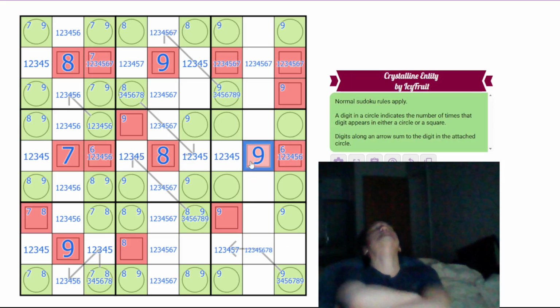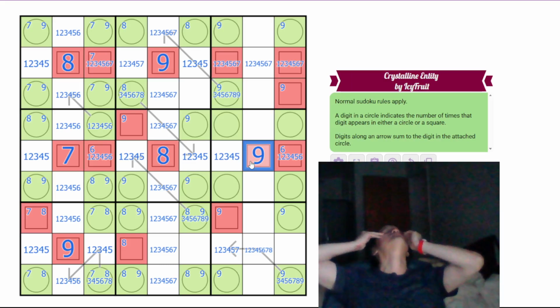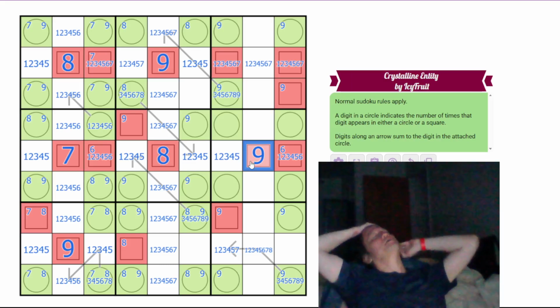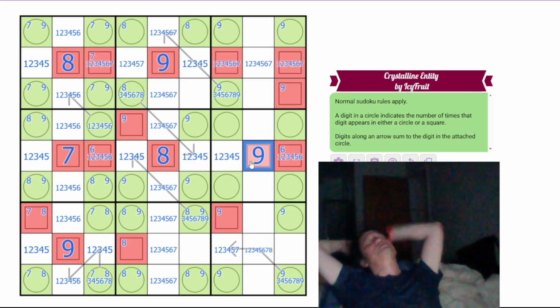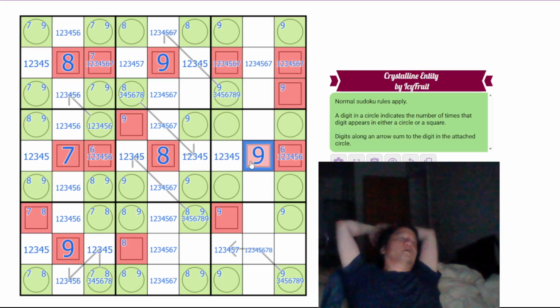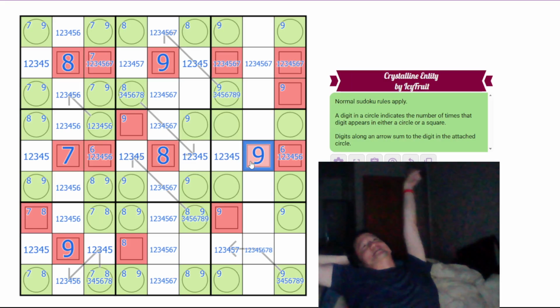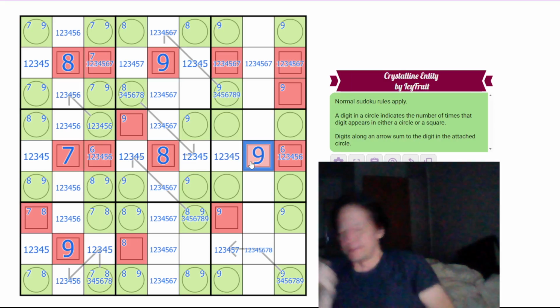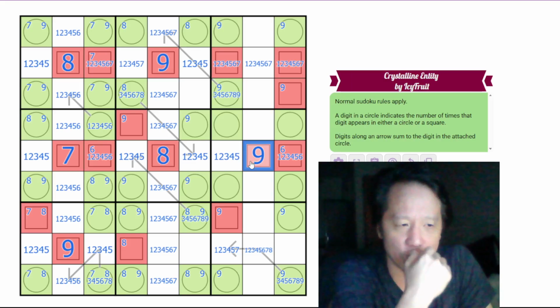Okay, so if it's a single digit, it's 1 or 2, and you're gaining 3 ones somewhere, or 4 twos somewhere. 2, 4 seems like it works. 4 is the largest digit you can have in it, so it's 1 through 4 that you gain.